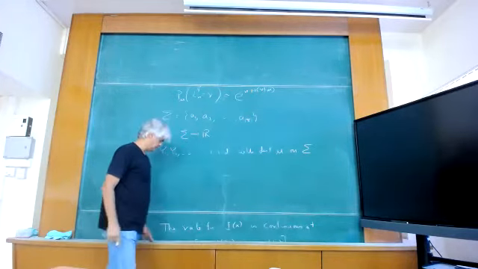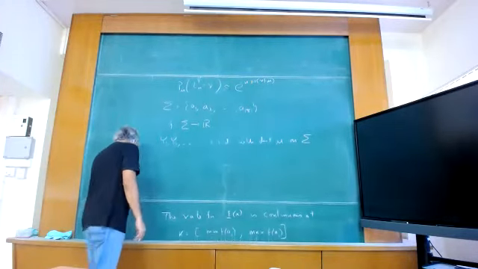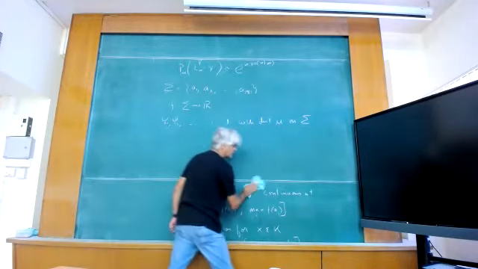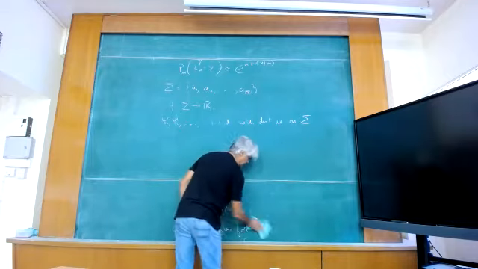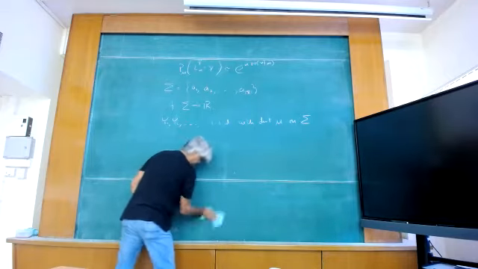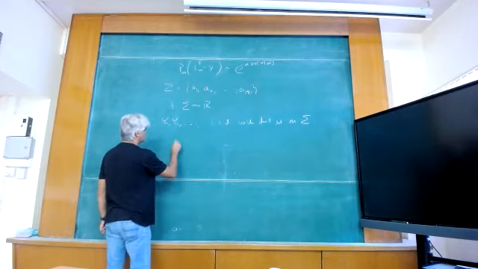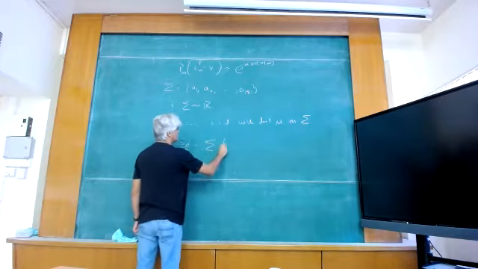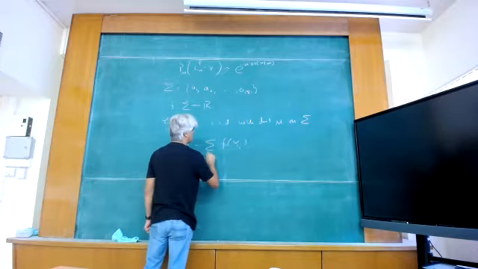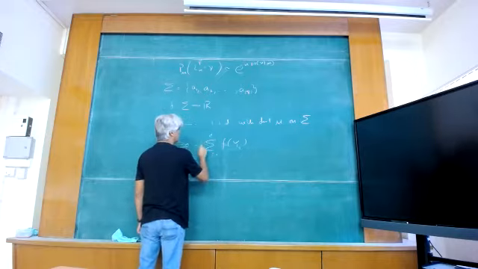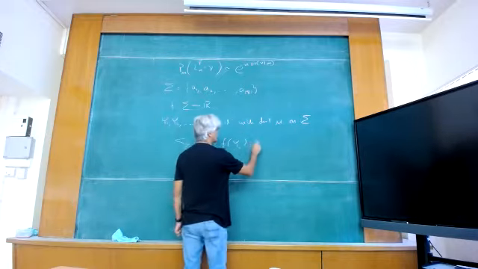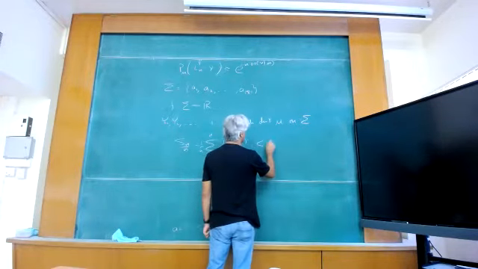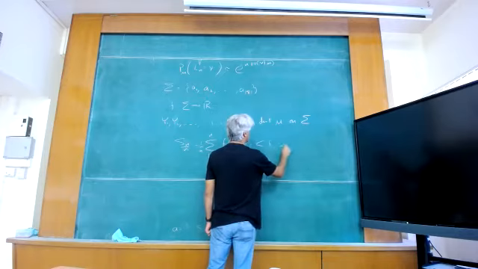Right, that's what we have. Then we said, let's look at Sn by n, which is equal to 1 by n times the summation of f(yi), i equal to 1 to n, and that's the same as the scalar product of f and L_n^y.